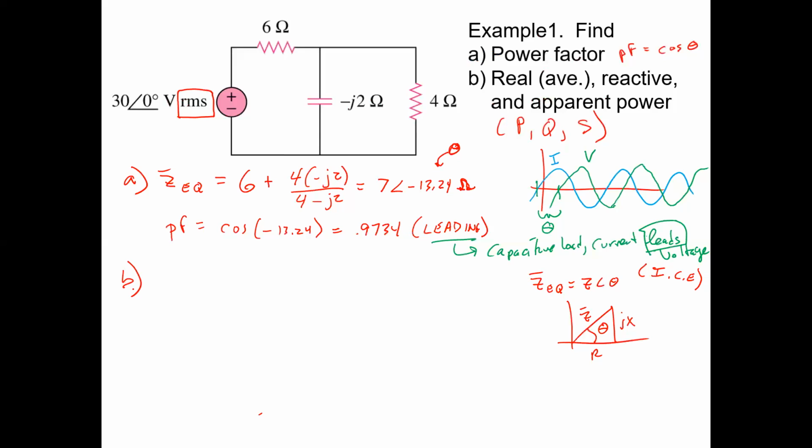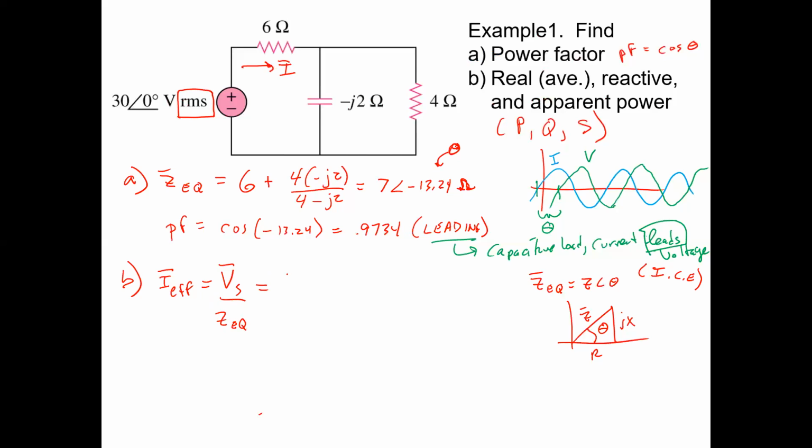So then, how are we going to find the real, reactive and apparent power? We can find the effective RMS current, which is going to be our source voltage divided by our equivalent impedance of that whole circuit. So this is the I that we are defining here going in, the phasor as well.